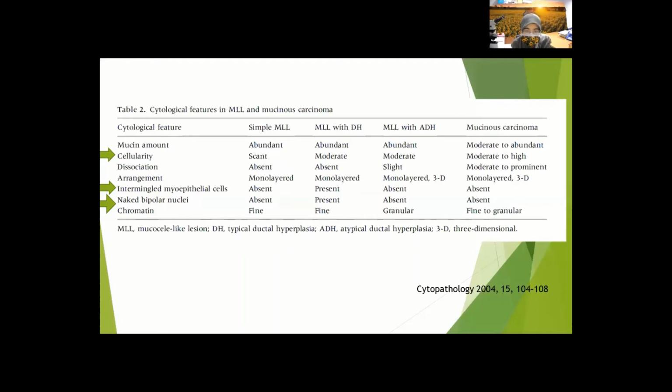Basically, if we read in detail, it's not really different. It's not really helpful to differentiate, depending on the case. But in general, cellularity and the presence of myoepithelial cells can suggest a benign or malignant diagnosis.